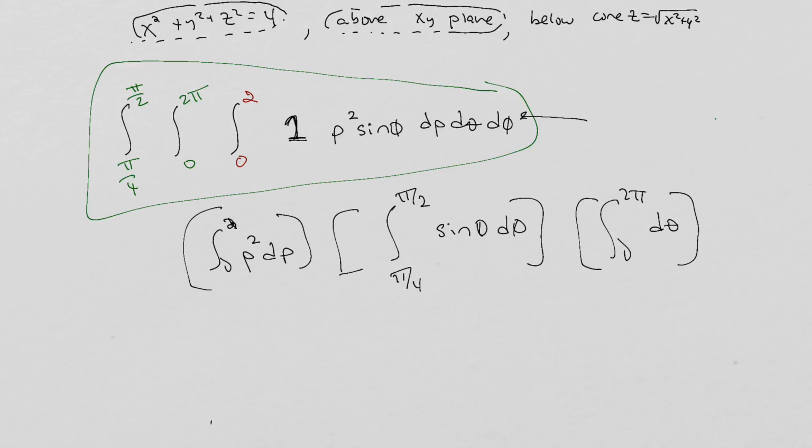Then I could find this answer, find that answer, find that answer, multiply them all together, and that would give me my total. Or you could just go one integral at a time and get your answer that way too.